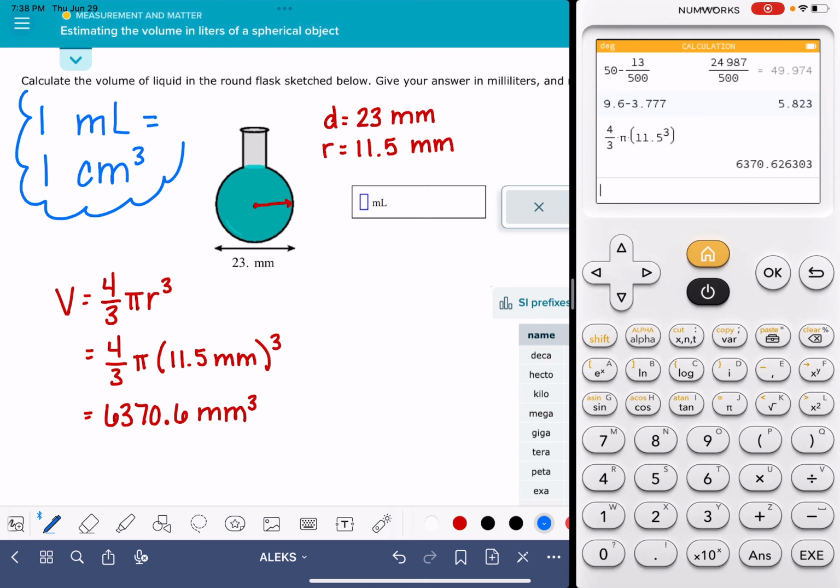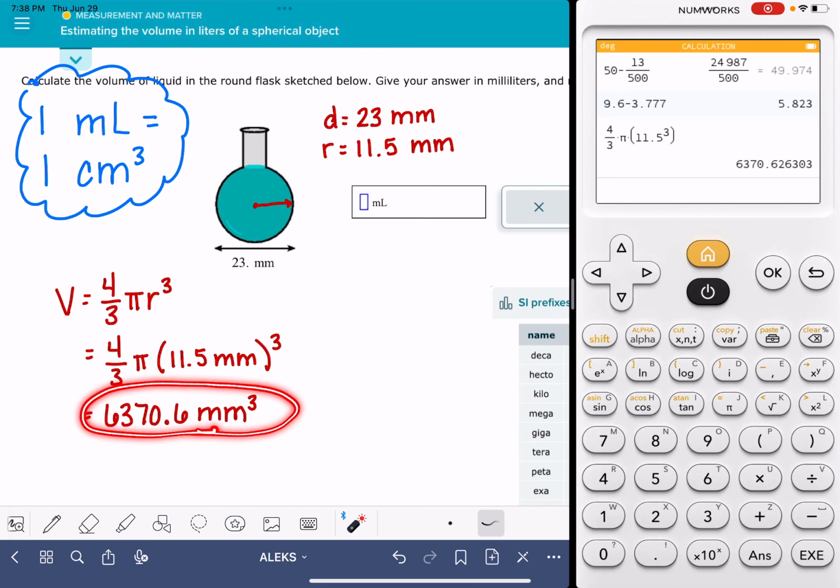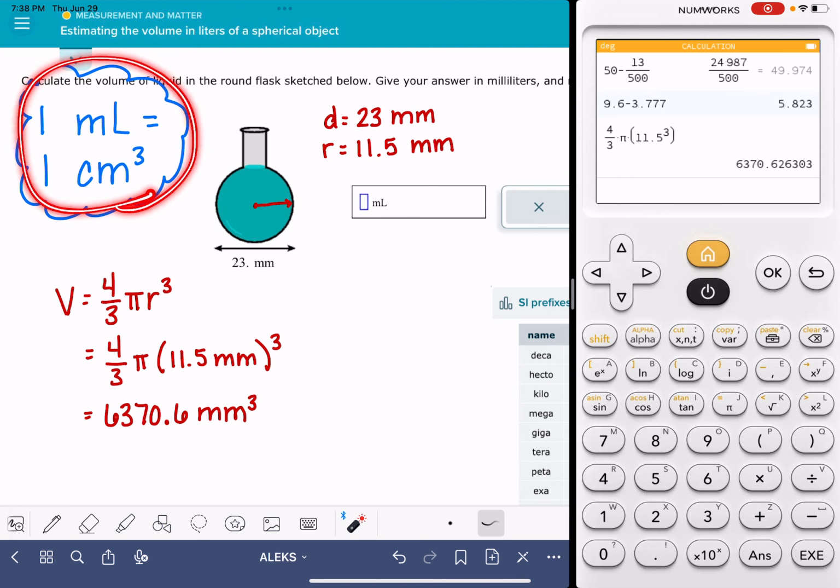This is the relationship that you're going to use to convert between whatever this unit might be and whatever volume unit you're being asked for. You're going to need to use this conversion factor no matter what derivative of a meter you have here and no matter what derivative of a milliliter you're being asked to use for your answer.